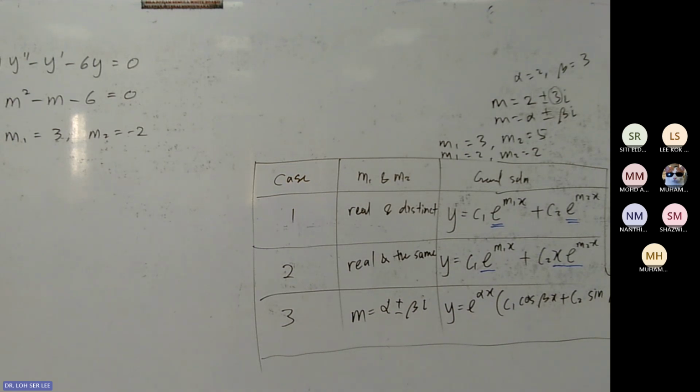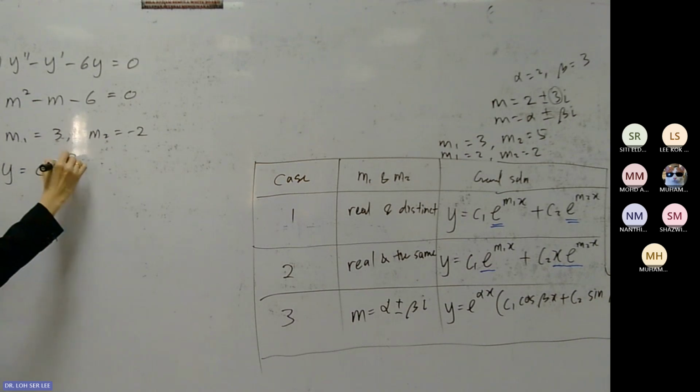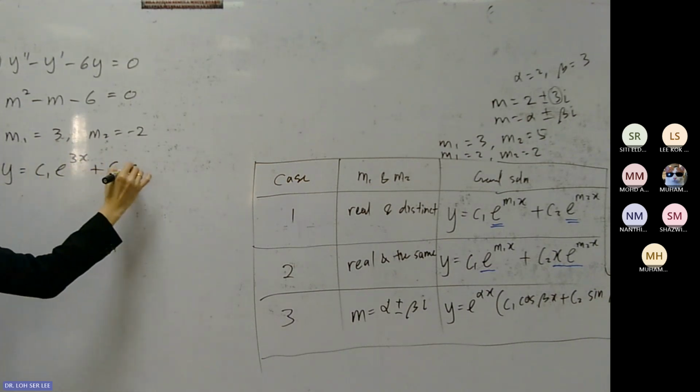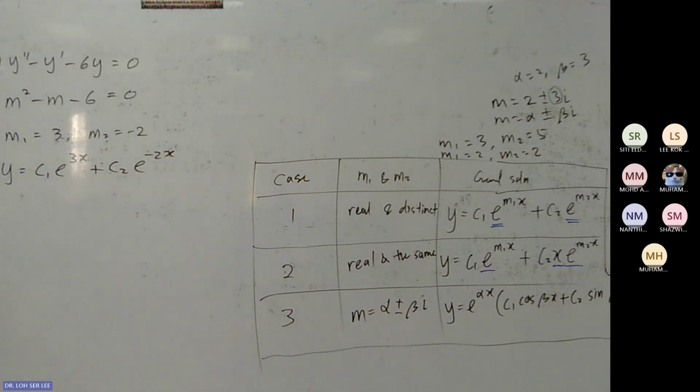So this is case 1, right? Real and distinct, not the same. So your answer will be C1 e^(3x) plus C2 e^(-2x).